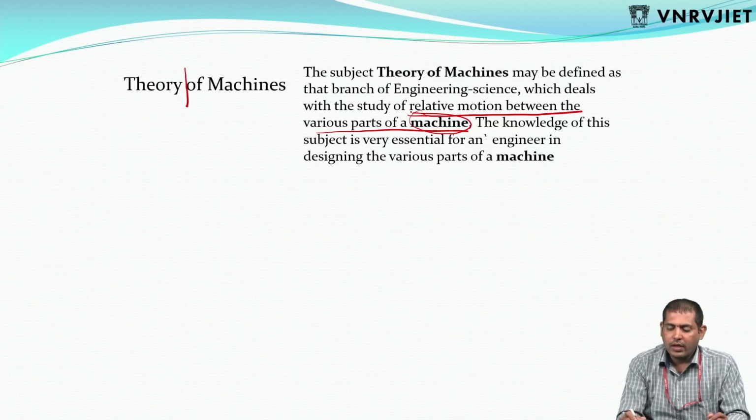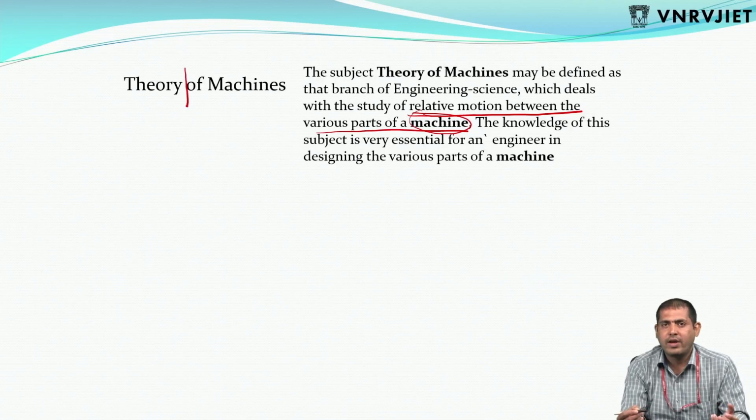The knowledge of this subject is very essential for an engineer, because nowadays we design machines. Before design, some skills are required: we create a model, we simulate, and we analyze. There are many such cases.